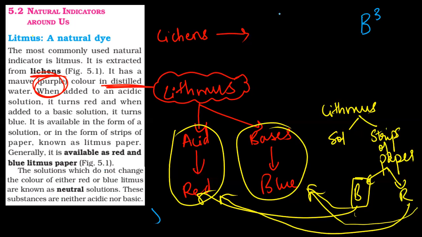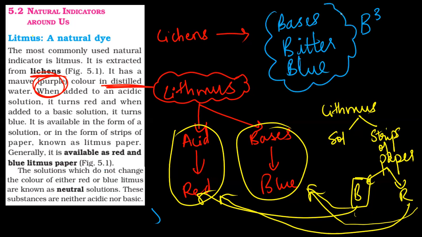So B cube stands for bases are bitter and they turn litmus to blue. So this is the B cube method for bases. Bases are bitter and they turn litmus into blue. It can be red litmus, it can be blue litmus also, but it turns into blue.